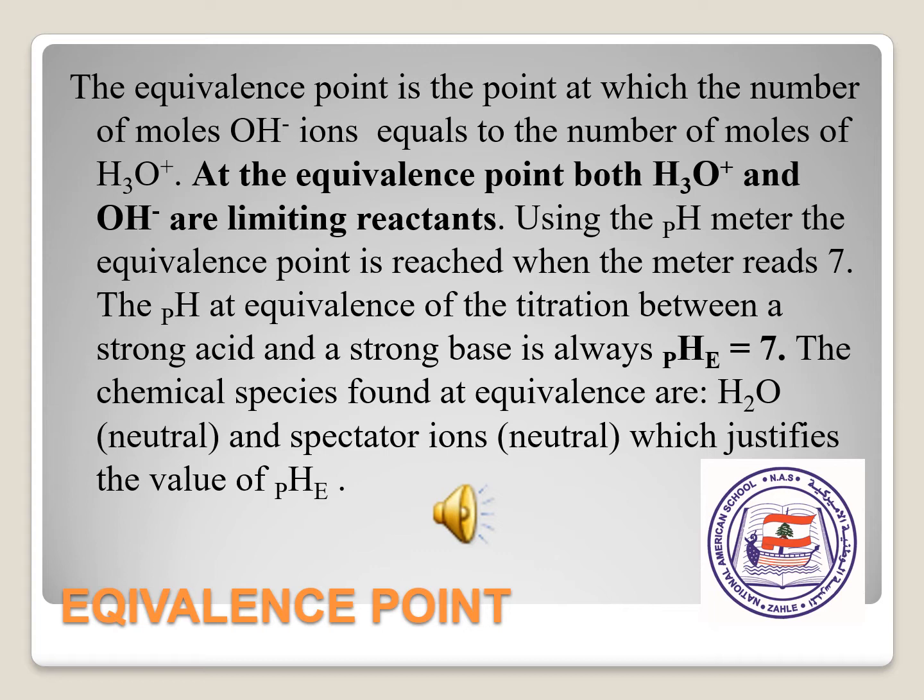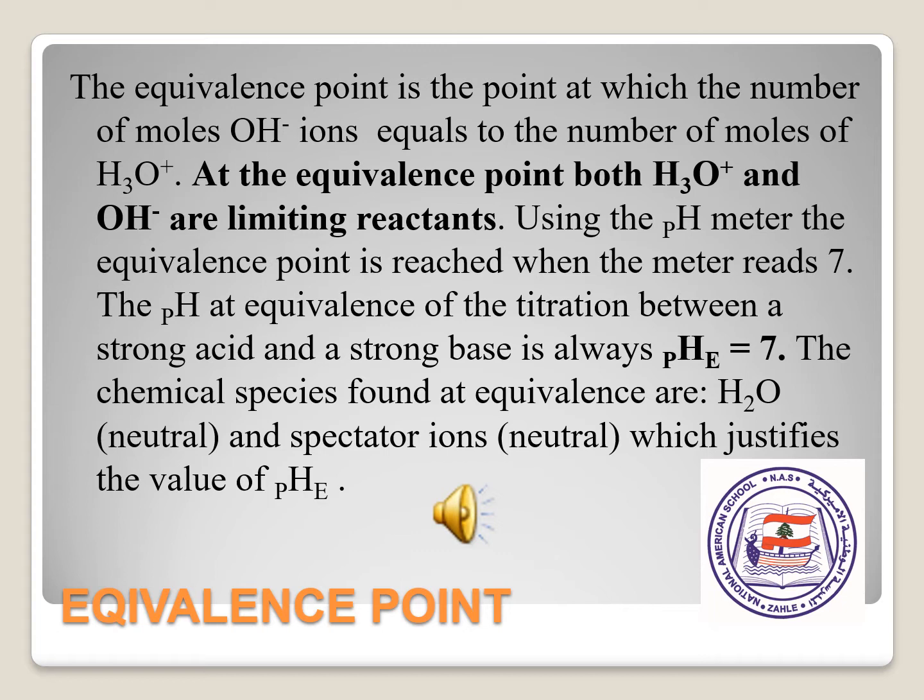Using the pH meter, the equivalence point is reached when the meter reads 7. The pH at equivalence of the titration between a strong acid and a strong base is always equal to 7. The chemical species found at equivalence are H2O, which is neutral, and the spectator ions.